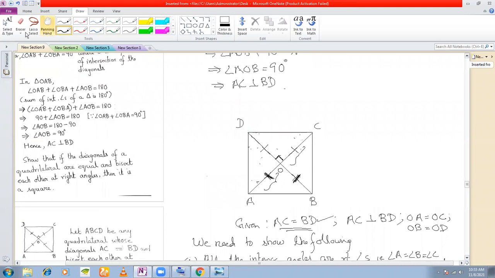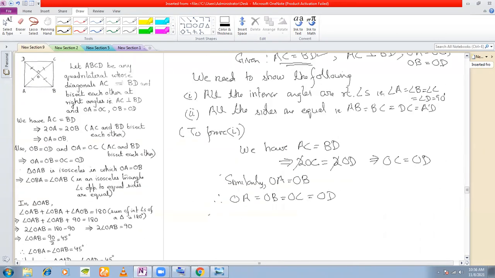So once we have shown that all these are equal, what is this triangle that you see here? This is an isosceles triangle, right? In which one angle is 90 degree. That means this is an isosceles right angle triangle. So triangle ODC is an isosceles right angle triangle.